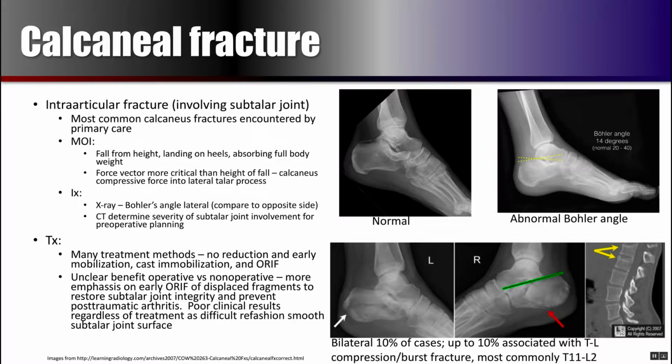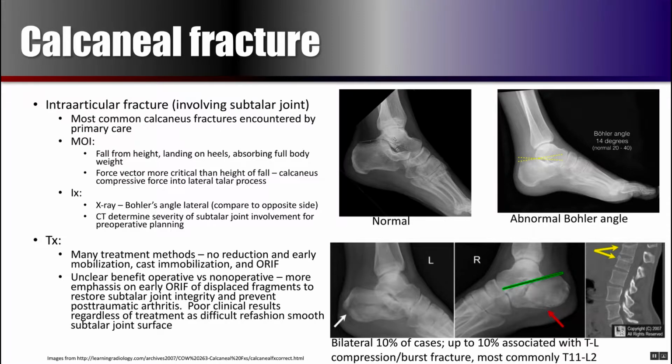Investigations, such as an X-ray looking at Bohler's angle, can help make the diagnosis. As you can see, what would be a normal and an abnormal Bohler's angle in the images on the top right. CT is often necessary to determine the severity of the subtalar joint involvement for preoperative planning.